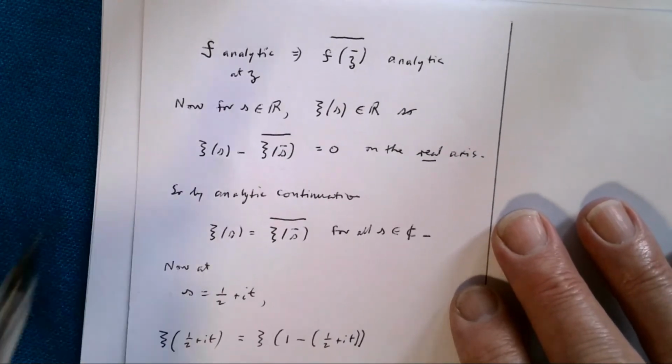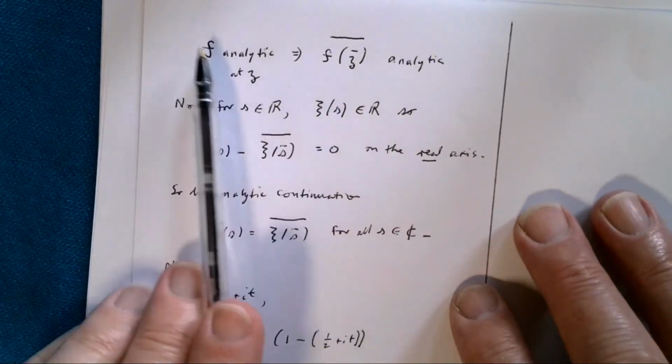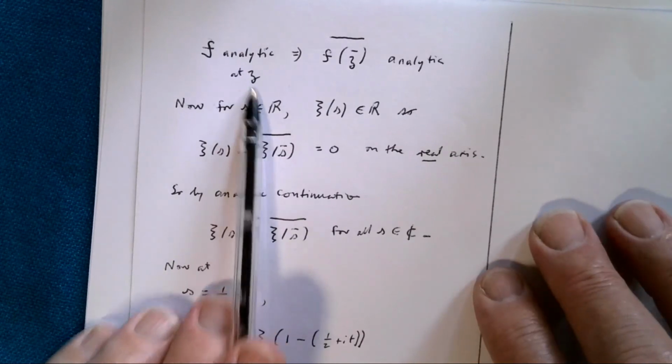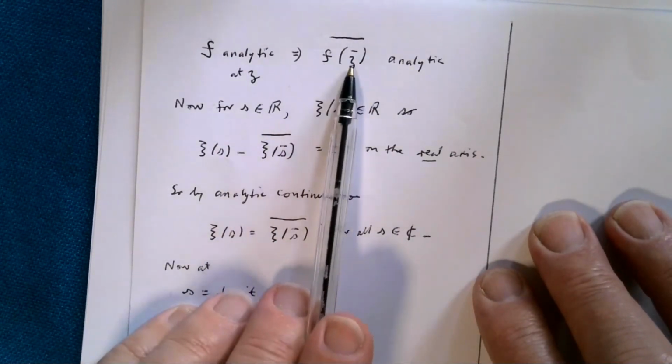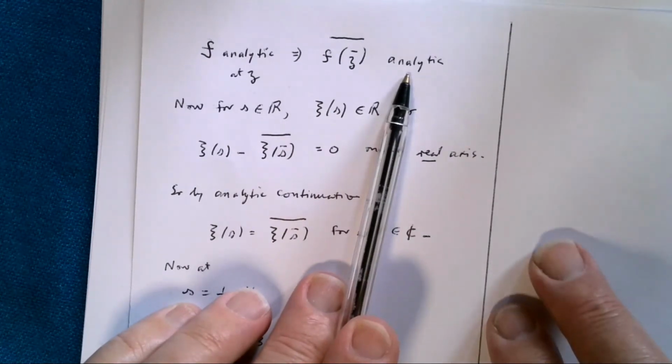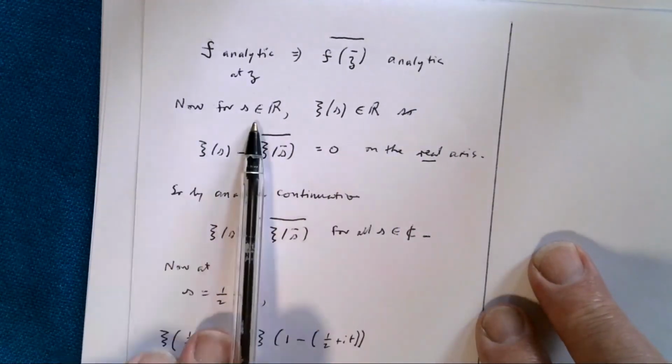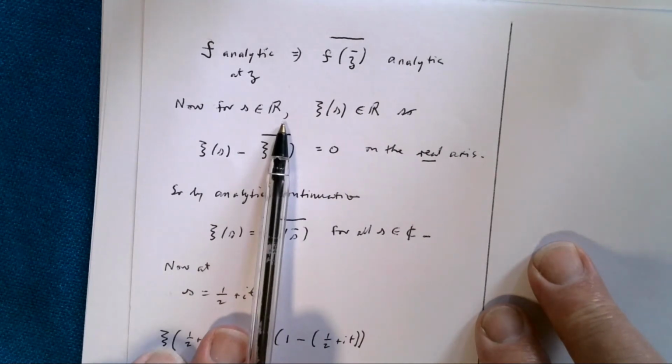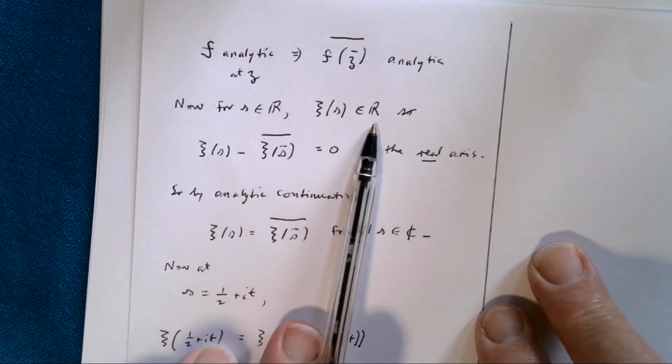Now you can recall from complex analysis that if f is analytic at z, then f of z bar all bar is also analytic. It's just a little result from complex analysis. So if s is real, psi of s is real.